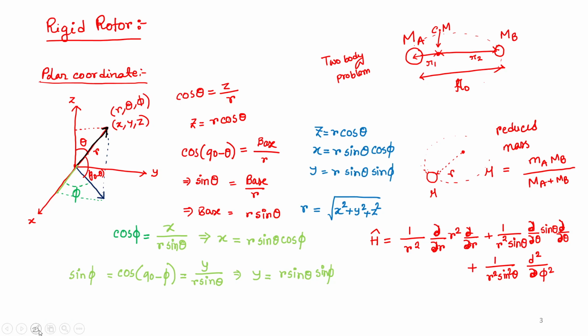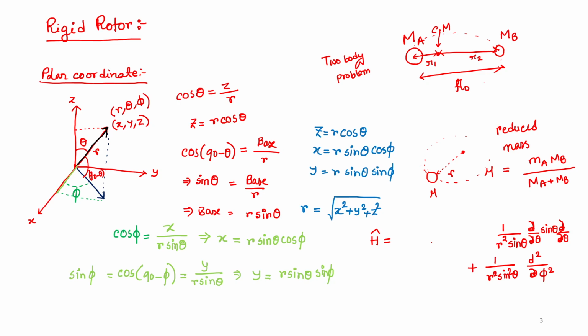But in case of rigid rotor, we don't require this part. Why? Because we have already defined it is a rigid rotor, so r is a constant, so d by dr or del by dr is going to be 0, so we will not require this, but we will require the rest of the part.